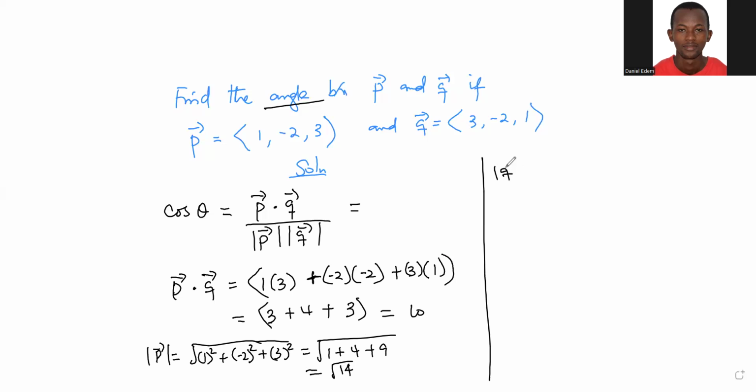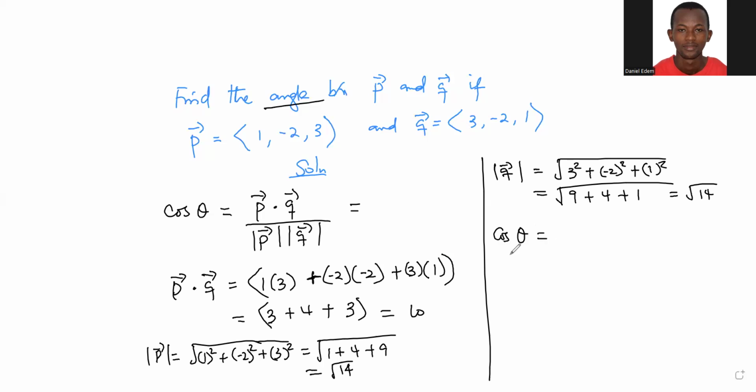Then the magnitude of Q, using the formula which is x squared plus y squared plus z squared, will also give you 14. I think this is also given as the same 14. So to substitute into the formula here, your cos theta will be the dot product we got, 10, divided by square root of 14 times square root of 14.